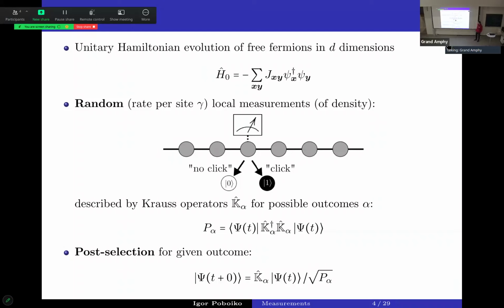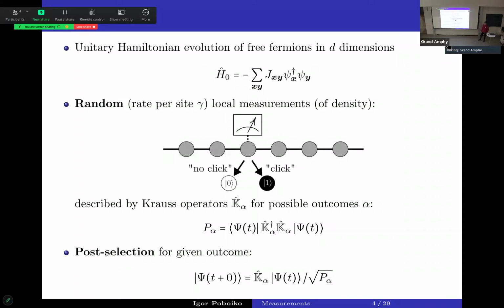Then, corresponding to some observable, I do a measurement, and I can get one of the outcomes alpha, described by the corresponding Kraus operators. The probability of the given outcome is given by some generalization of Born's rule, which is the average of this K dagger K, the standard formula in the Kraus formalism. And again, if you do a post-selection on the measurement outcome alpha, then you get the von Neumann wave function collapse, namely your wave function changes in a jump manner after the measurement by multiplying by this operator K and then renormalizing the wave function back to unity.